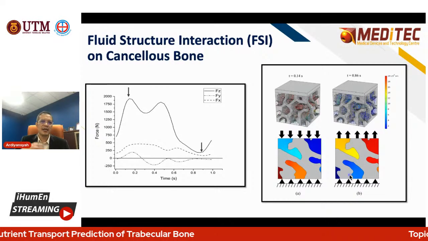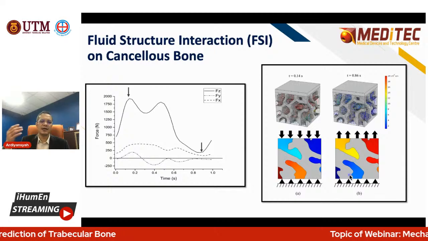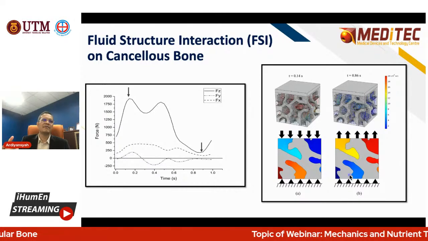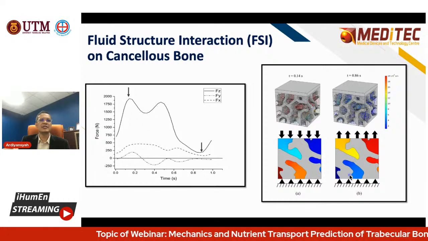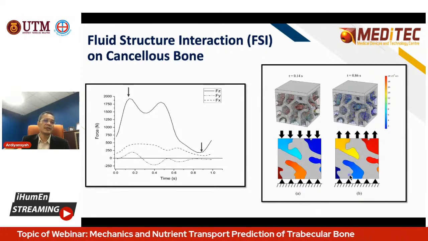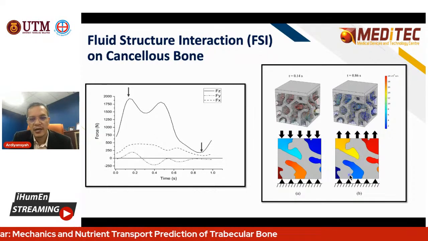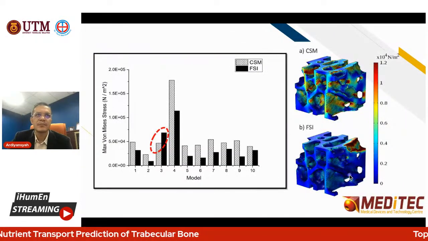So it needs to balance. There is a maximum level of velocity in the marrow at which the struts in the cancellous bone do not break.